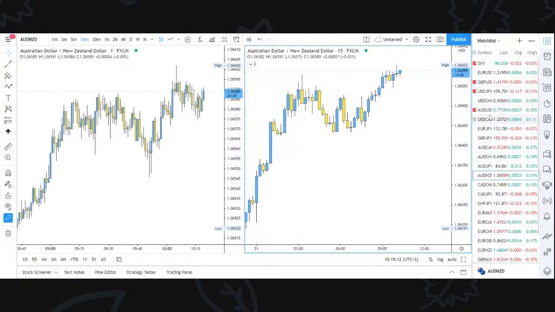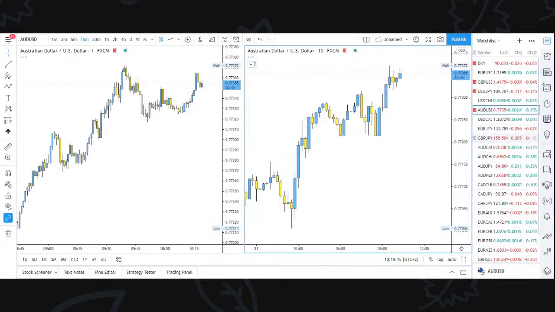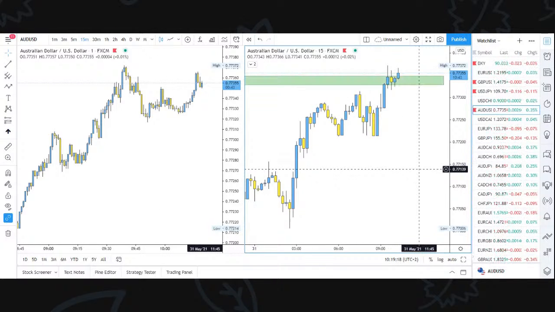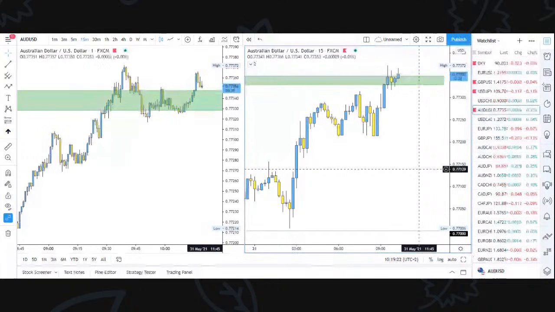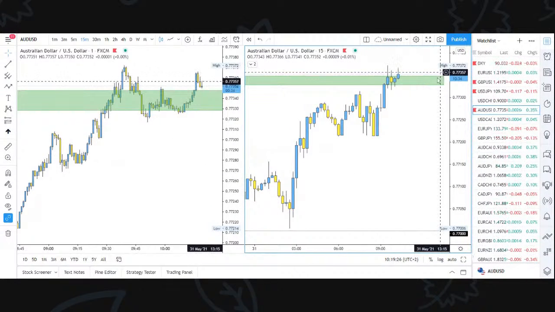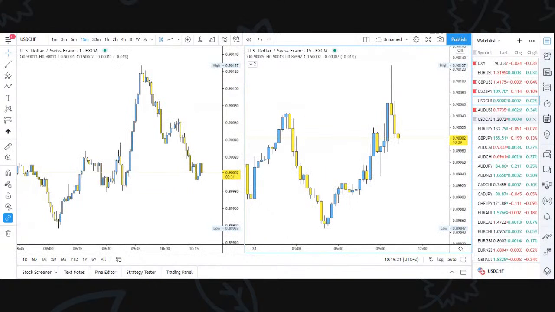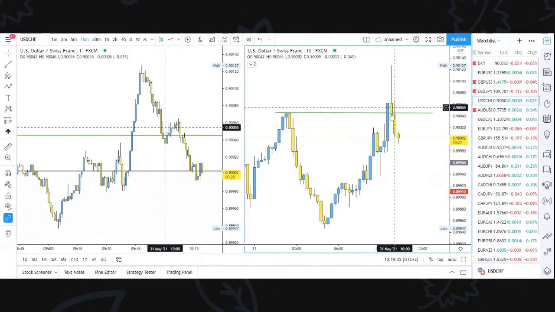So I think AUD/USD might be the one where you're looking at bullish pressure from AUD and bearish pressure from USD. It might be the one, so we'll just keep an eye on that.